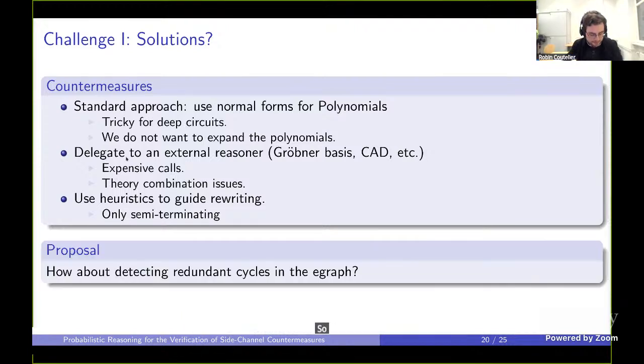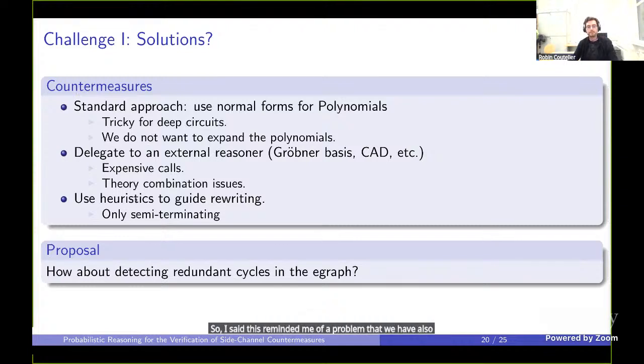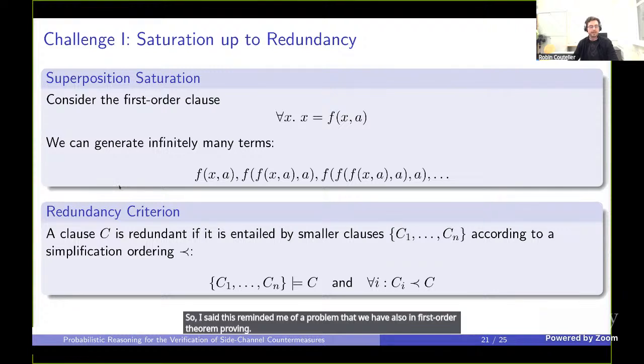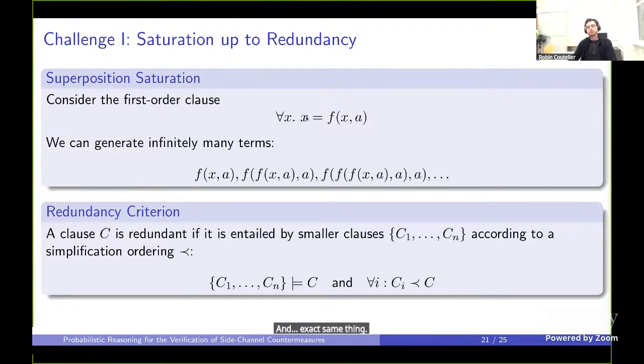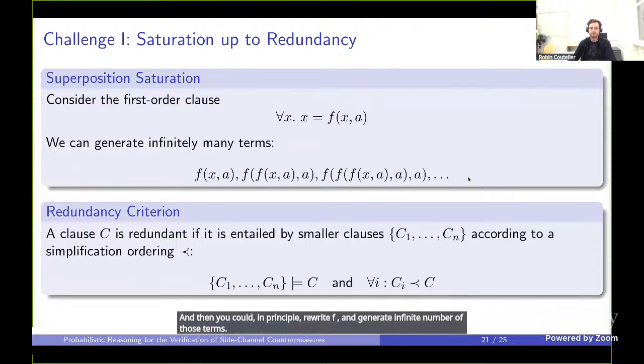So I said this reminded me of a problem that we have also in first order theorem proving, and exactly the same thing. If you have this clause, for all x, x is equal to f of x a, then you could, in principle, rewrite f of x a into x here and generate an infinite number of those terms, which are not useful.